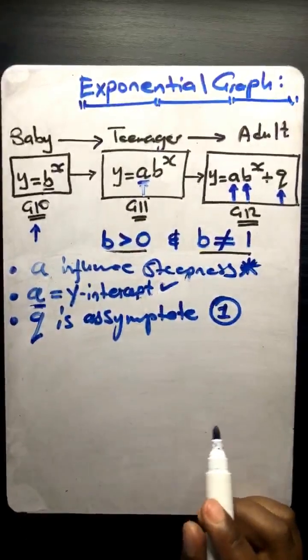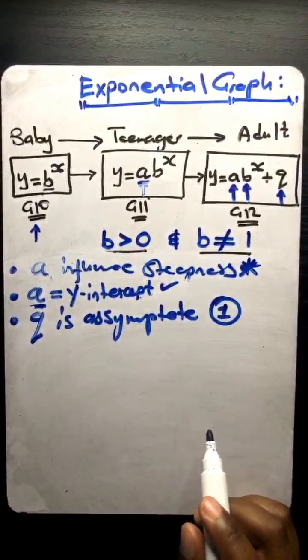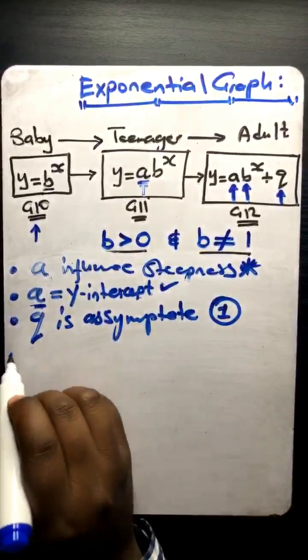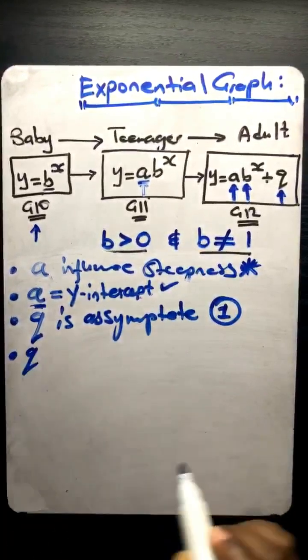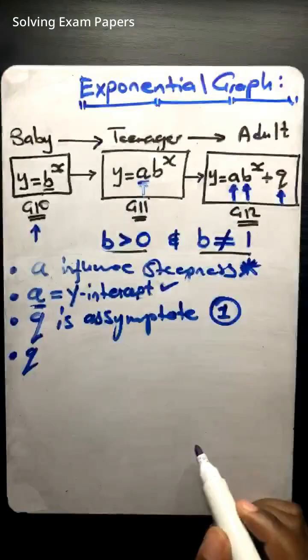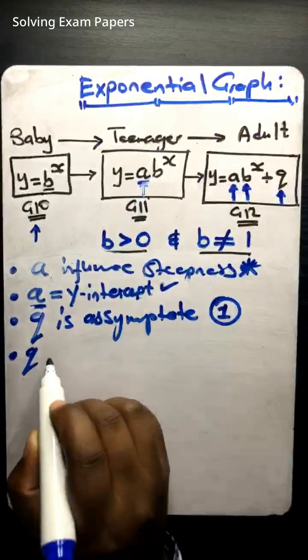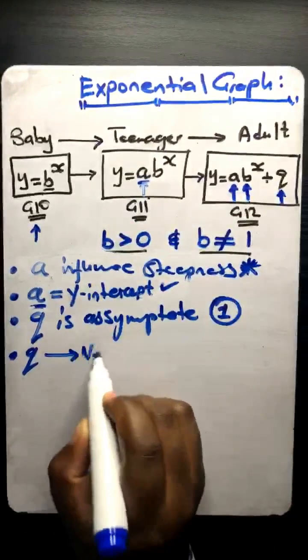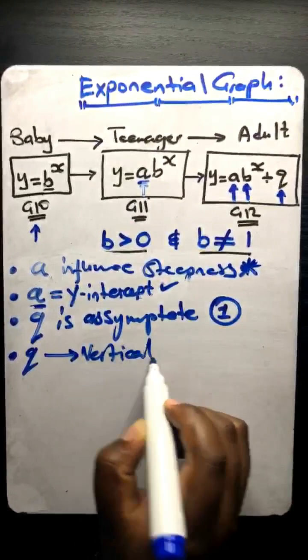Remember that. Again, this Q value being the asymptote, it tells us more about the vertical shift. Q, again, vertical shift.